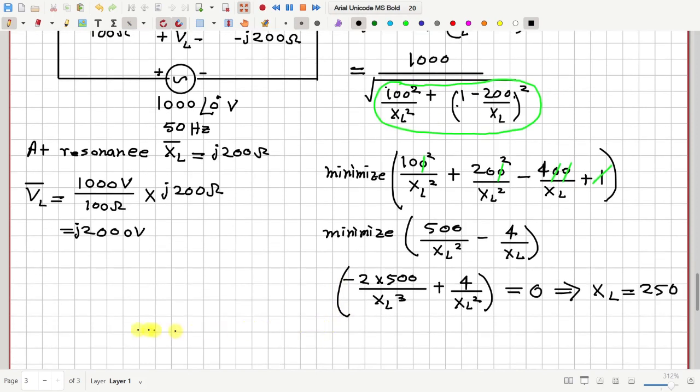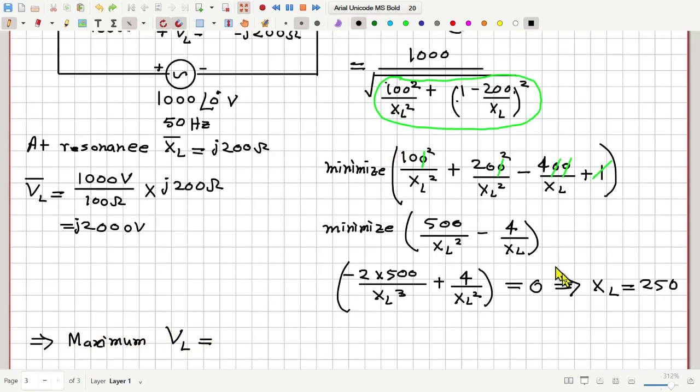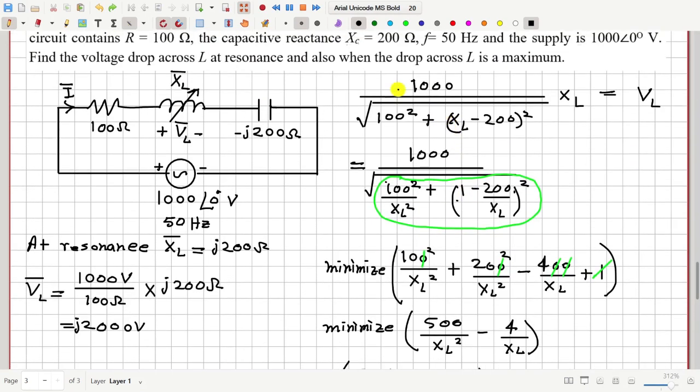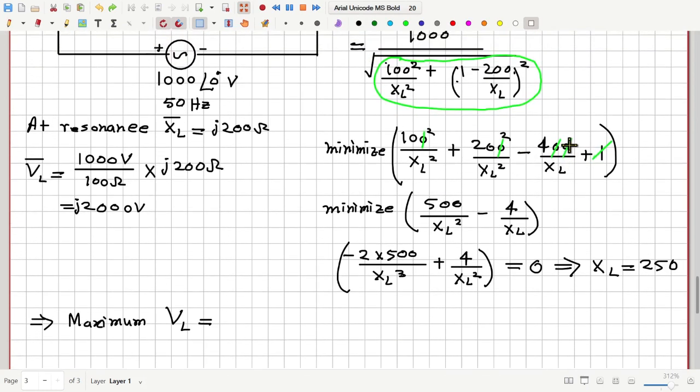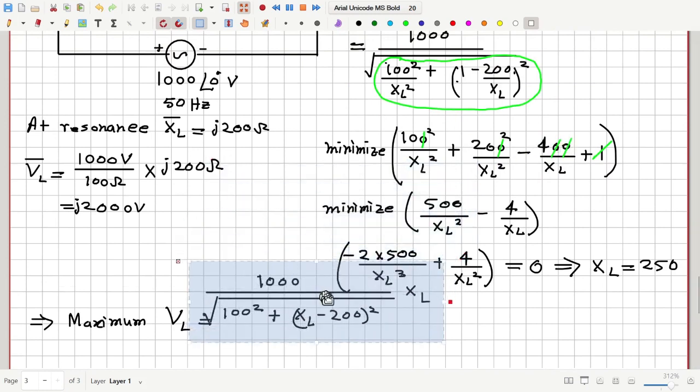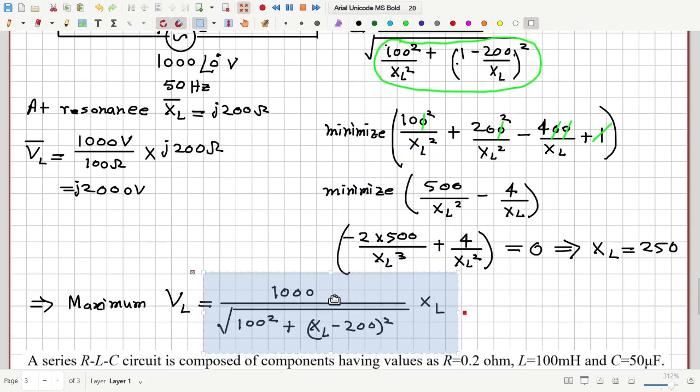The maximum value of the voltage VL will be equal to this quantity. Let me copy it, and we have to put XL equal to 250 here.